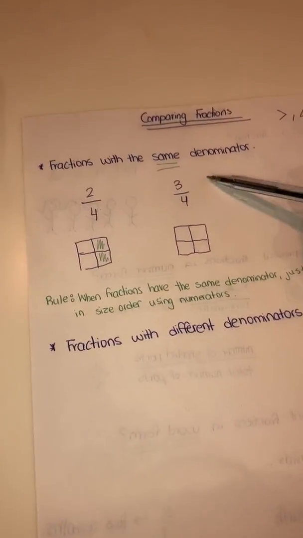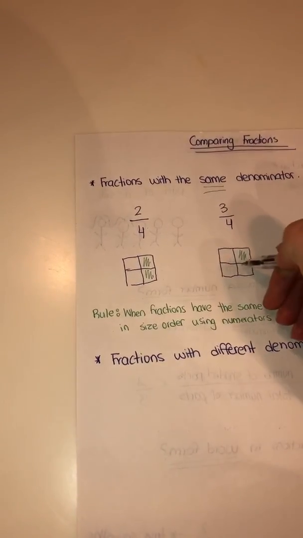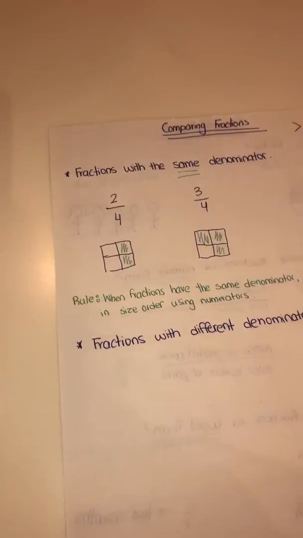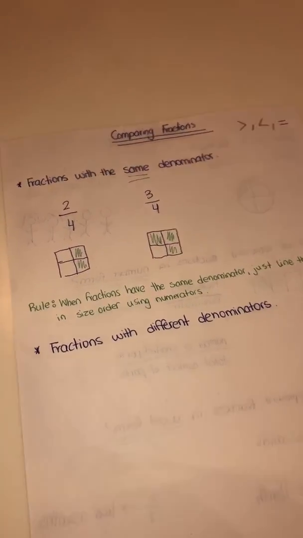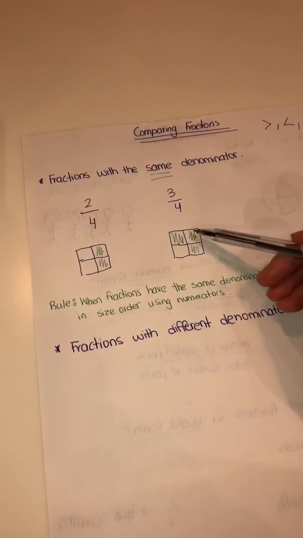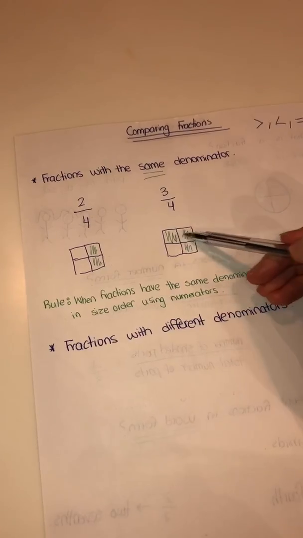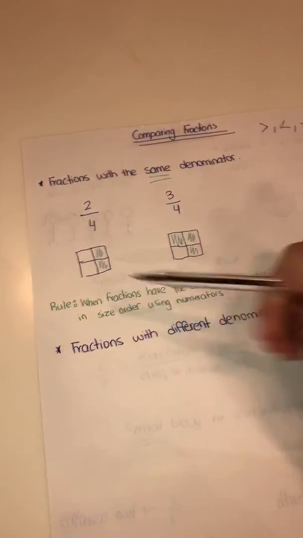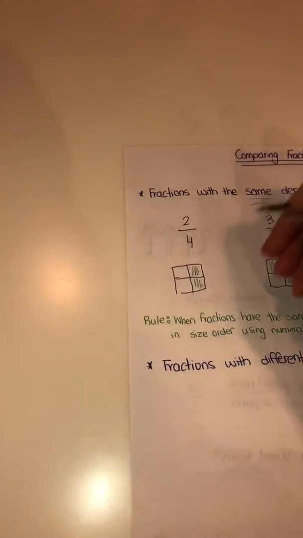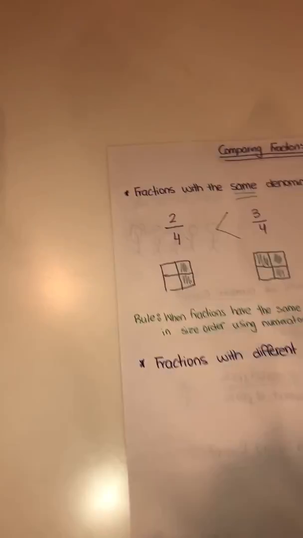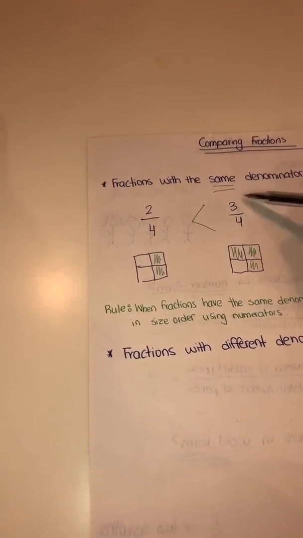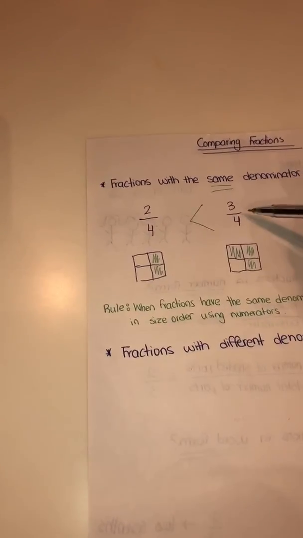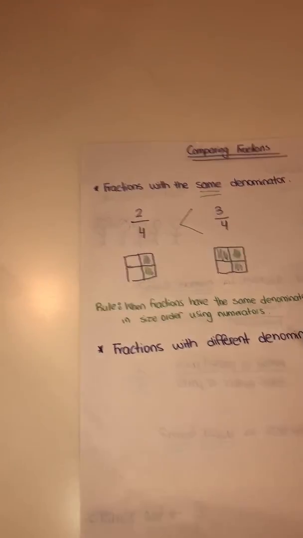In the second fraction, 3 parts are shaded. So which fraction do you think is greater? Of course, this one, because the colored parts are more than this fraction. So I place this symbol. The crocodile eats the bigger fraction, which is 3/4 in this case.